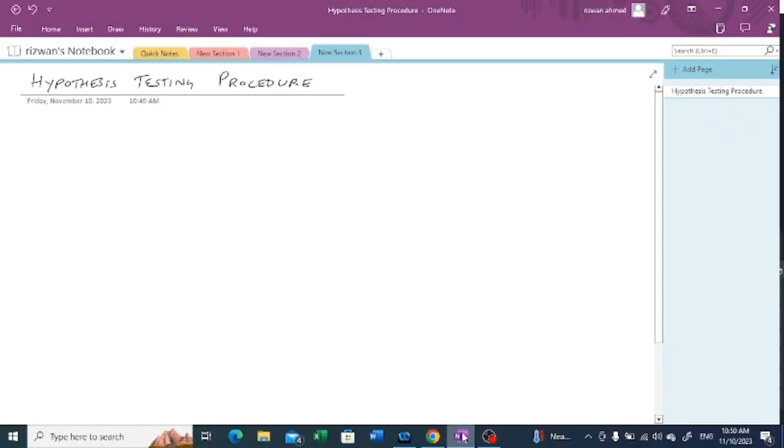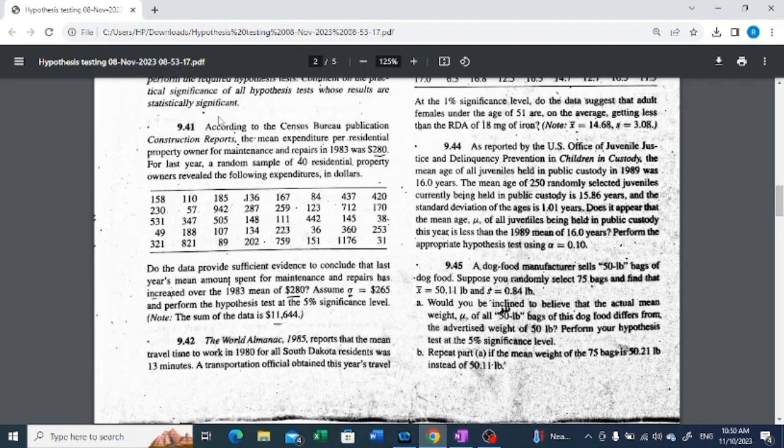Hi students, we'll now talk about the proper hypothesis testing procedure that we need to follow whenever we are asked to test a particular hypothesis regarding any population parameter or regarding any qualitative perspective. For this purpose, I'm selecting question number 9.41.